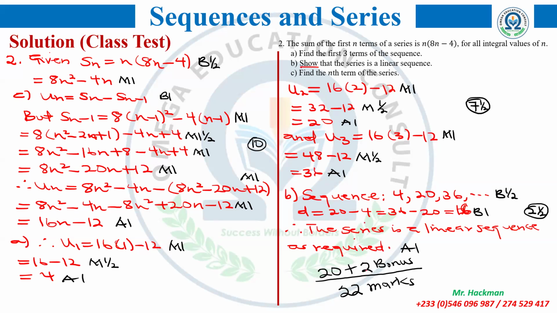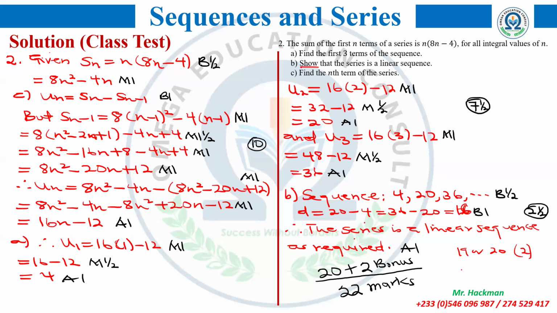Okay, so now the bonus marks, Ishira and Co, I'm coming. I've not given you. So the bonus mark: the total must be 20, plus a bonus mark of 2. If you scored 19 or 20, you get the bonus mark of 2.